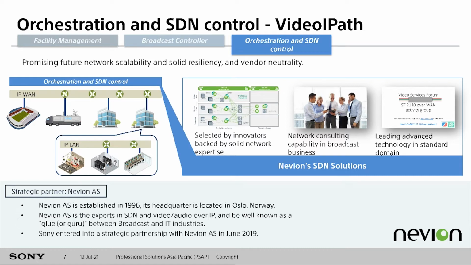Why do we have to integrate with SDN? In our experience, network orchestration is not something traditional video engineers can learn immediately. In the SDI world, the stream is unidirectional.